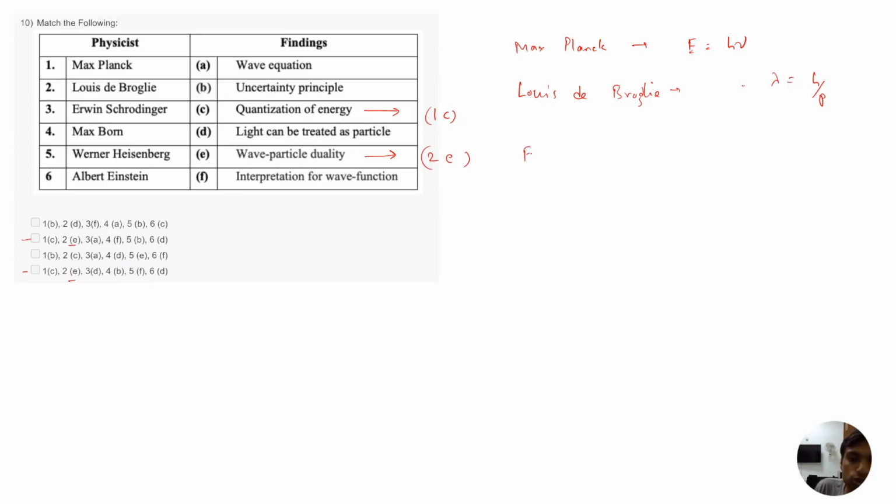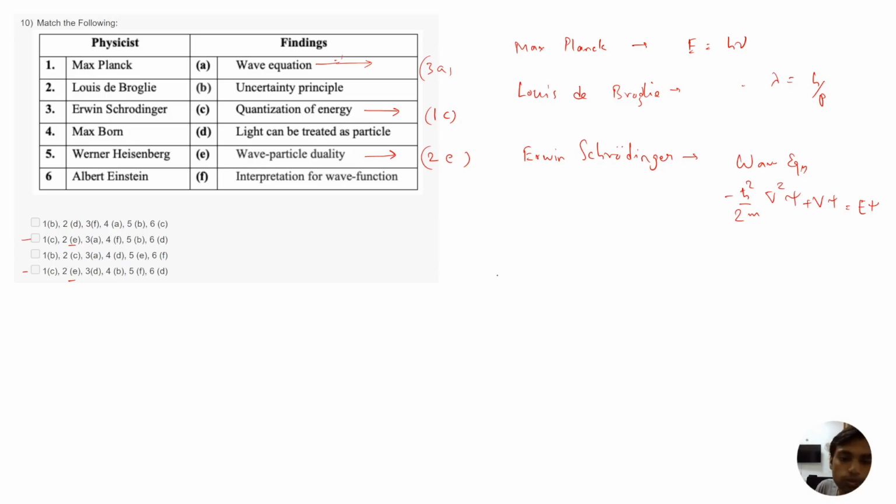Okay, now let us see Erwin Schrödinger. He gave us the Schrödinger equation, the wave equation. So 3A. The wave equation is minus h bar square over 2m del square psi plus V psi equals E psi.